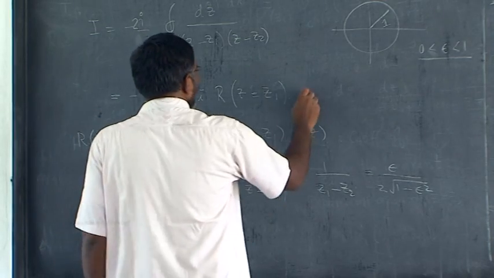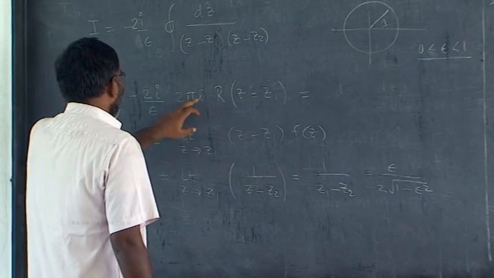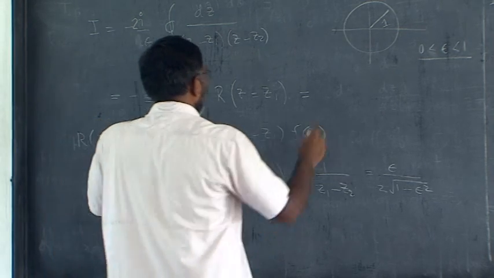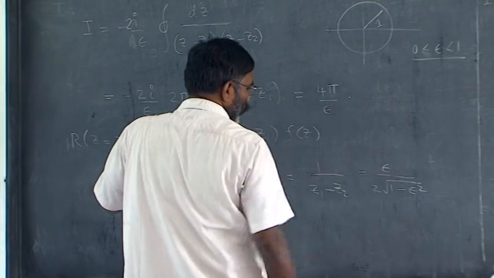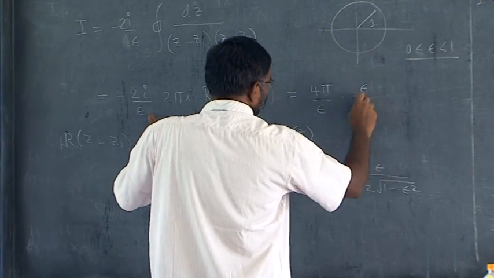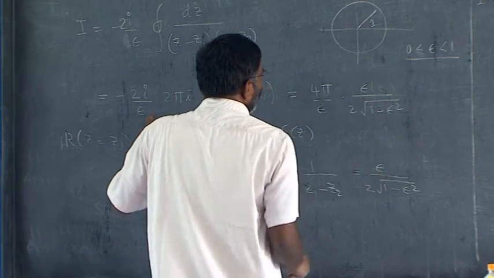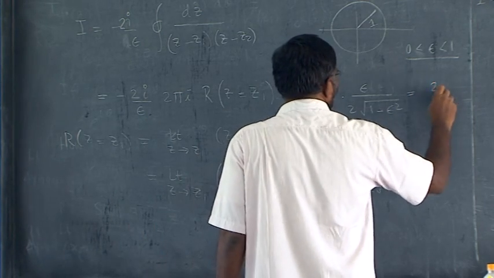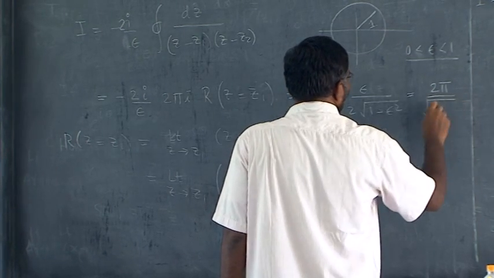So you can write down this result, minus I and I becomes 1 and 4 pi by epsilon, 4 pi by epsilon into epsilon divided by 2 square root of 1 minus epsilon square. So we have the result 2 pi by square root of 1 minus epsilon square.